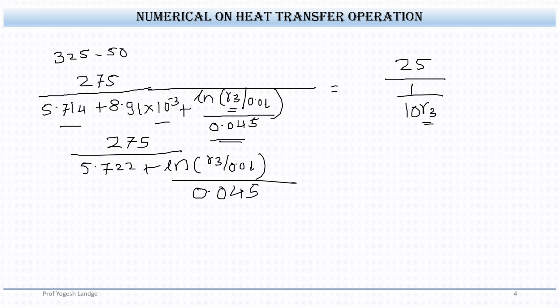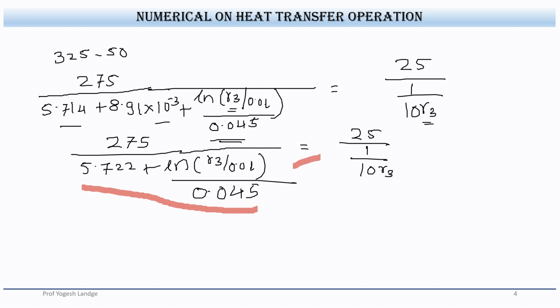Okay, this is the value, so this term is equal to 25 by 1 upon 10 times R3. Now what we do, we just take this term this way to here on this side and this one at this side.